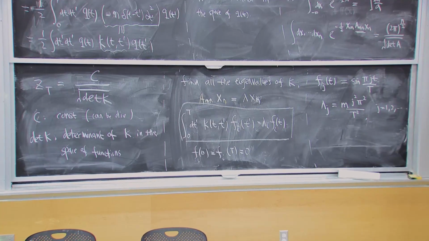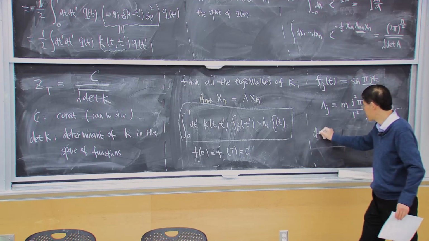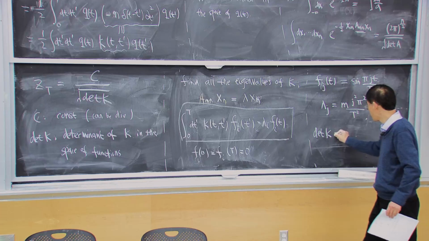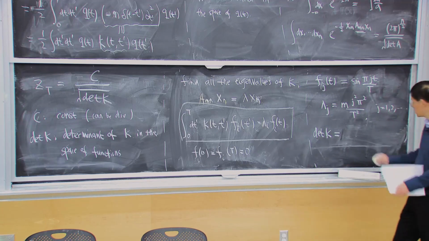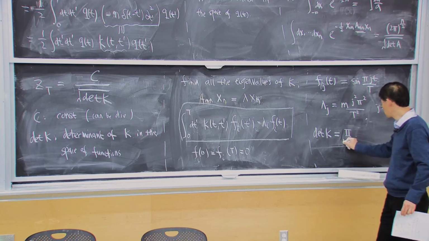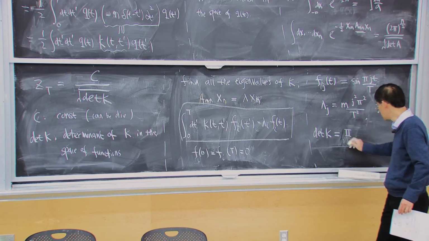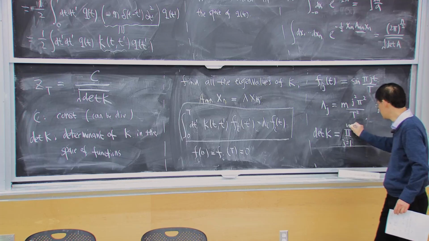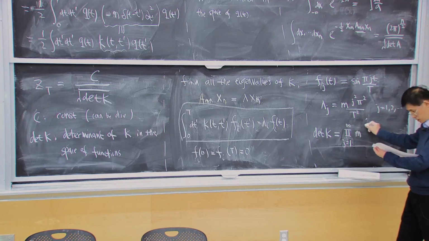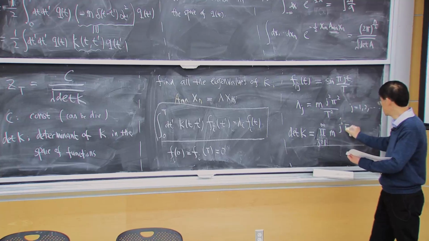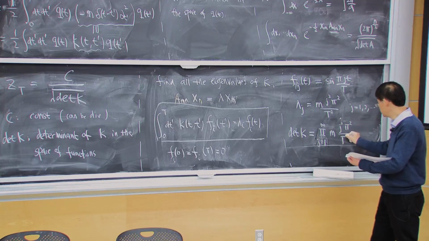So now we can find the determinant of k. The determinant of k is given by the product over j equal to 1 to infinity of m j squared pi squared divided by T squared.